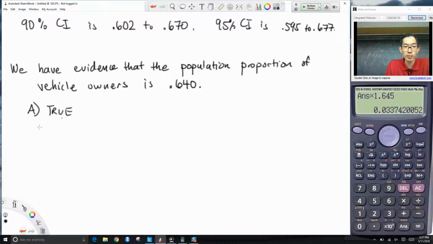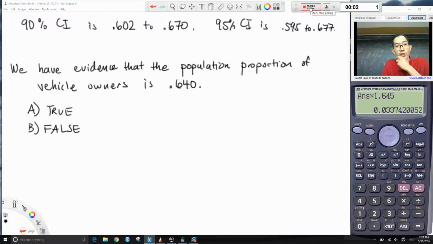Decide, true or false? It's a clicker question. So 0.640 is inside our interval, and the question is, can we say we have evidence that the population proportion of vehicle owners is 0.640? Go ahead and discuss with your neighbor whether you can or cannot say this.